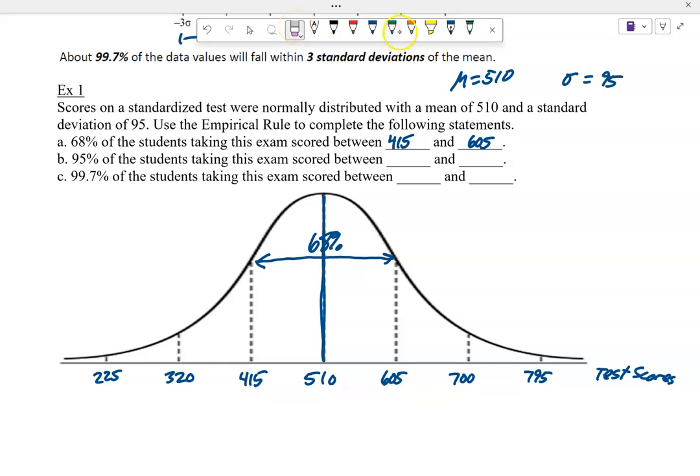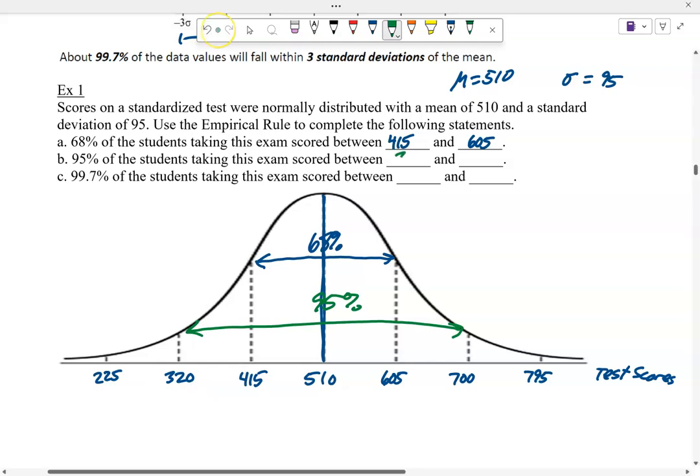Now let's do the next one. 95% of the students are going to score between 320 and 700.